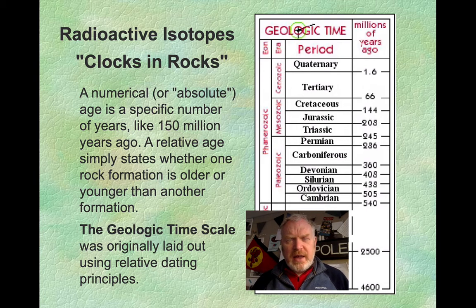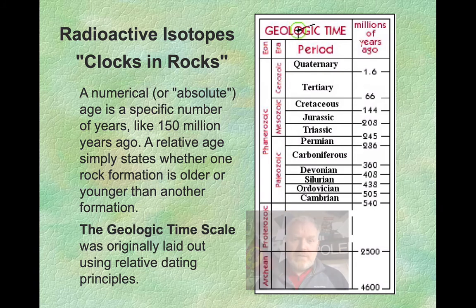But we can get an idea of how long in the past things were. For example, the base of the Cambrian, a really important point in geological time, is dated maybe about 535 million years ago now. So a timescale established by relative dating is now quantified using radiometric dating.